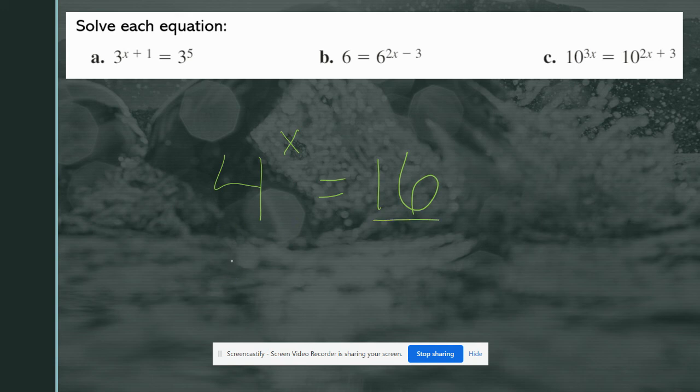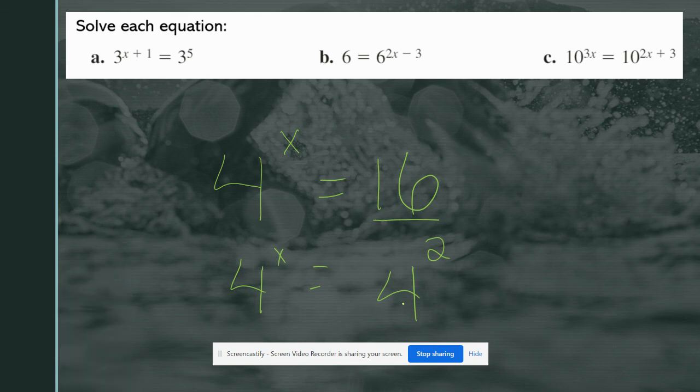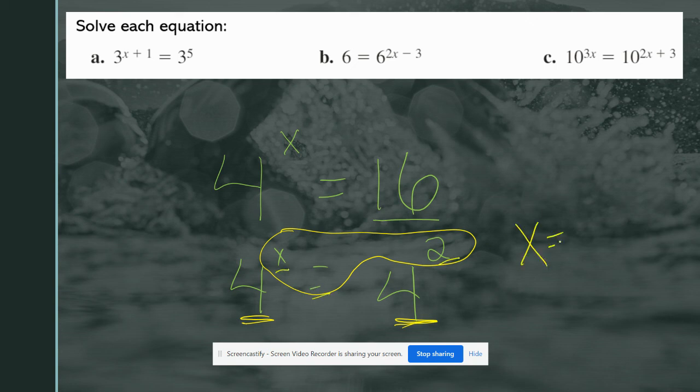Can I make 16 into 4 to some exponent? 16 is 4 squared. And so now I have 4 to the x power is equal to 4 squared. Because they are both base 4, then we can say x is equal to 2. And we've solved for x that way.